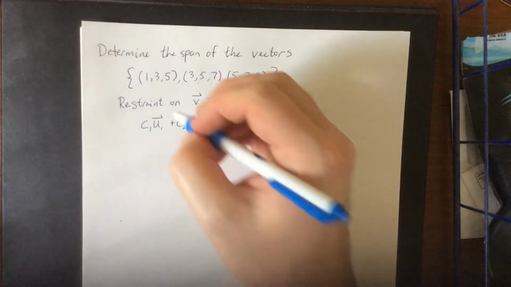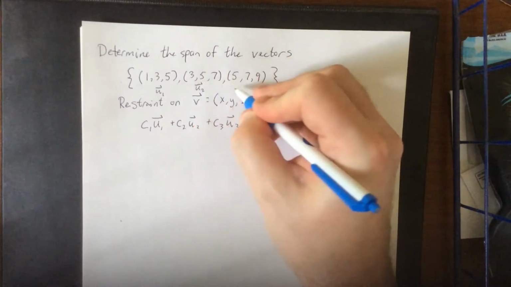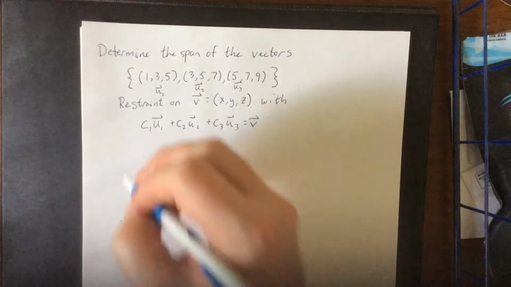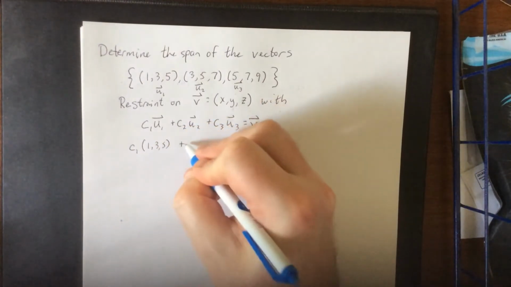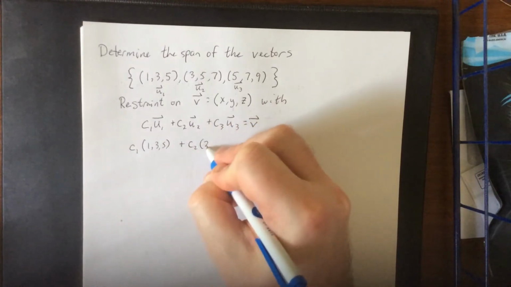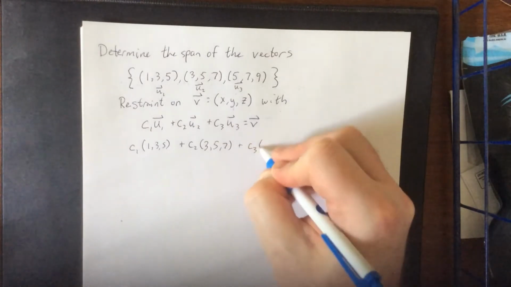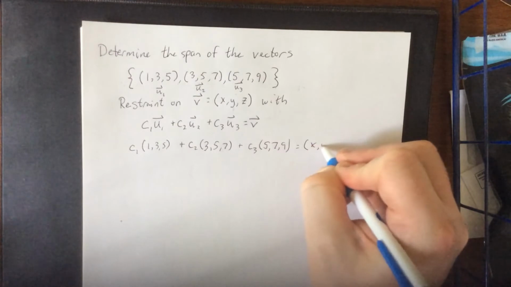Now, for the record, this is assuming that these three vectors within the given set would be u1, u2, and u3. So what we're saying is that c1 times 1, 3, 5 plus c2 times 3, 5, 7 plus c3 times 5, 7, 9 is equal to the vector xyz.